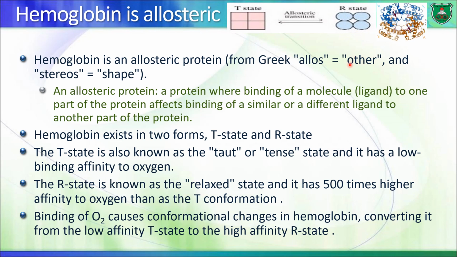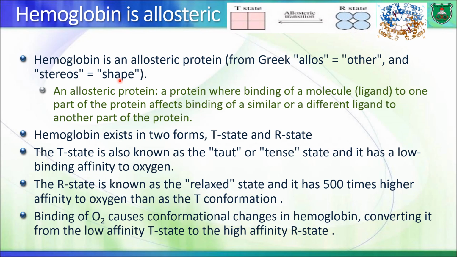Now because hemoglobin has two structural states, we call hemoglobin an allosteric protein or an allosteric molecule. Now allo means different or other. Steric comes from stereo, which means shape or structure.